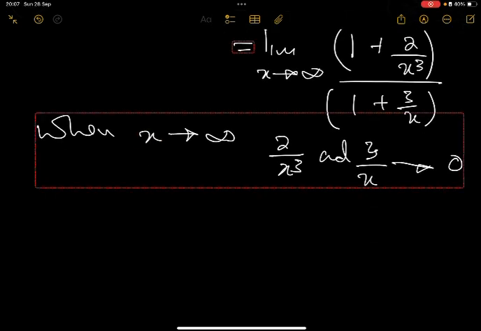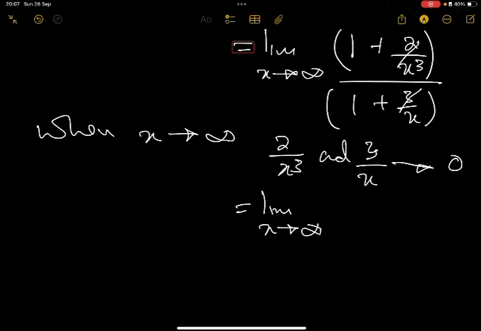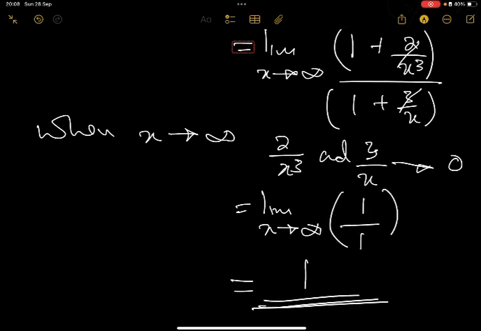So if this one tends to 0 and this one tends to 0, then the limit as x approaches infinity of 1 over 1. So our answer is equal to 1. This is our answer, right?